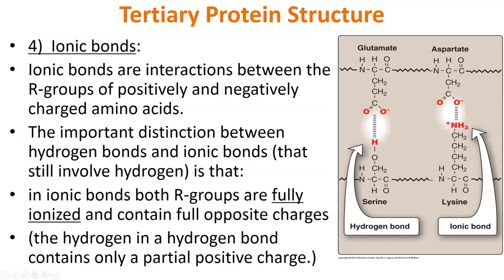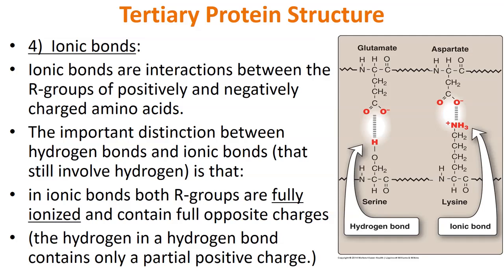And then our ionic bonds, the trick here is we have R groups that are positively and negatively charged. They're actually fully ionized. So we have a full negative charge and a full positive charge. That's an ionic bond, okay? Full negative charge and full positive charge.